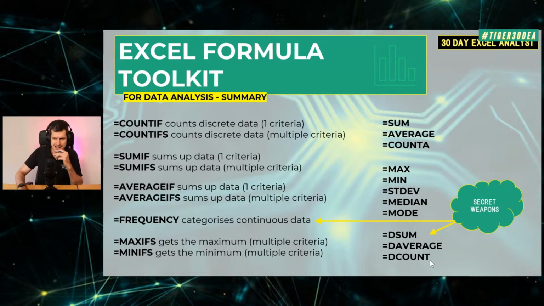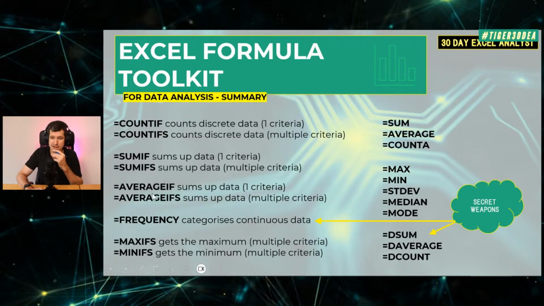And included in today's resources, I've got your whole list, your complete list, if you like, of formulae for data analysis. COUNTIF and COUNTIFS. COUNTIF, I haven't really spoken about much, but this is my number one formula for analyzing discrete data, using COUNTIF all the time.